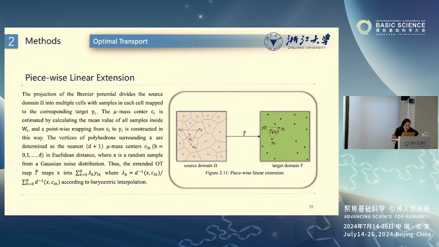mapping to a CI to YI in of the cohesion around D plus 1 sourcing noise distribution. So the extended OTA into the calculate the T tilde I using importation.